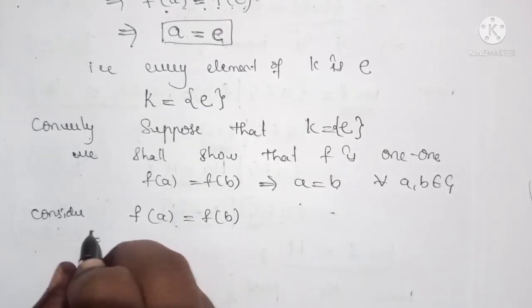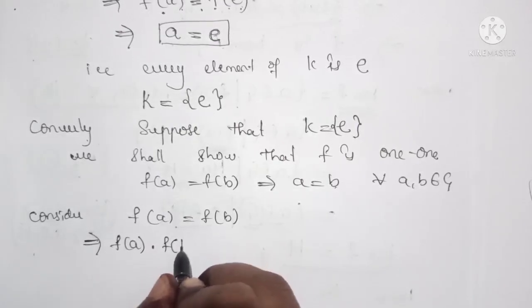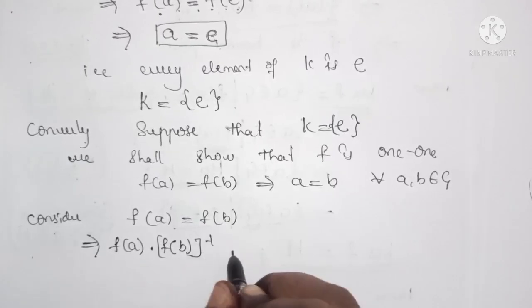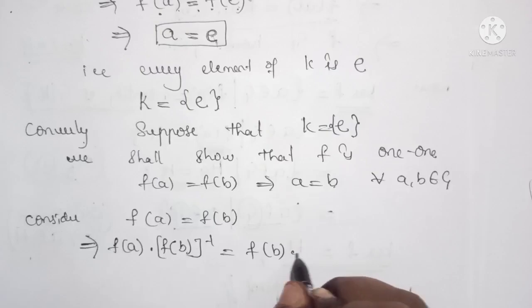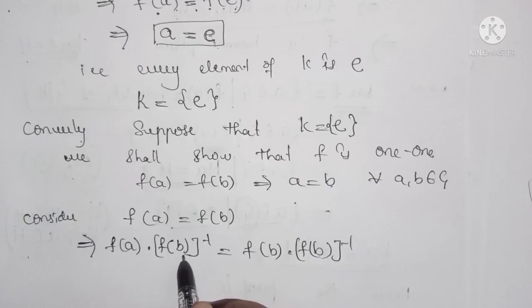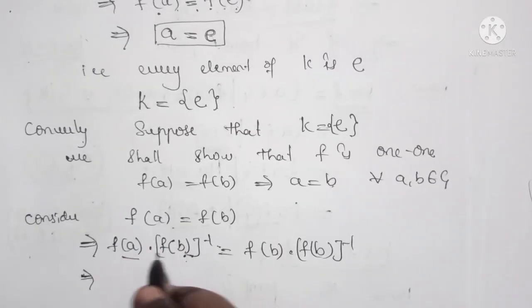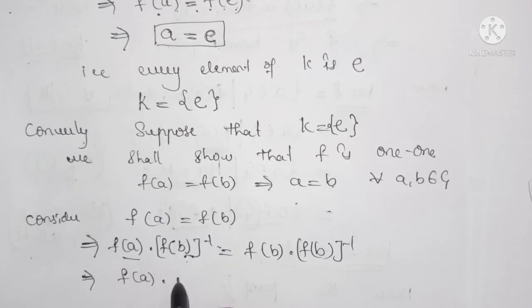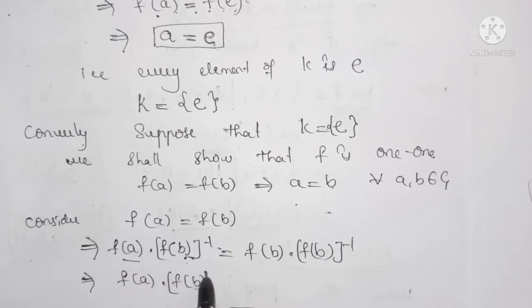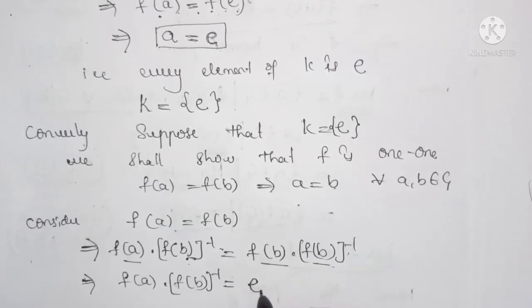It implies that, post multiplying f of b whole inverse on both sides, we get f of a into f of b whole inverse equals f of b into f of b whole inverse. An element and its inverse always give the identity element.